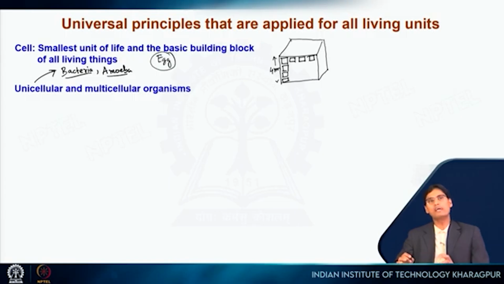But whether unicellular or multicellular, they have many similarities at the cellular level. They have their own information in terms of genetic material, and they function properly, and that's why all of these living entities perform their specific jobs. But all of them, whether unicellular or multicellular, are very complex.